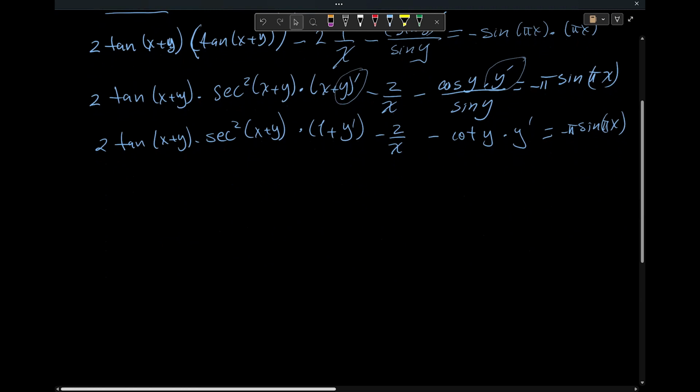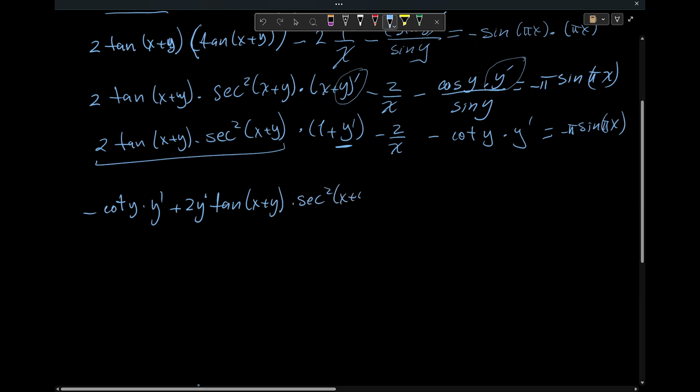So let's isolate y prime. Definitely this is going to stay on this side. And when I multiply this with this, that's going to stay on this side. This is going to go to the right side. And I will multiply the 1 times this.